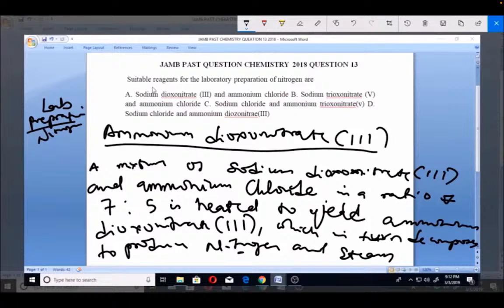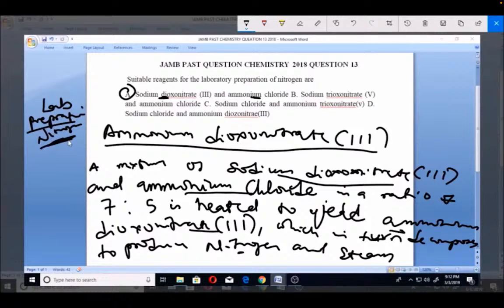So you can see here we have sodium dioxynitrate 3 and ammonium chloride. That makes option A the right answer, because the mixture of sodium dioxynitrate 3 and ammonium chloride, in the ratio of 7 is to 5, produces ammonium dioxynitrate 3, which decomposes on heating to give nitrogen and steam.